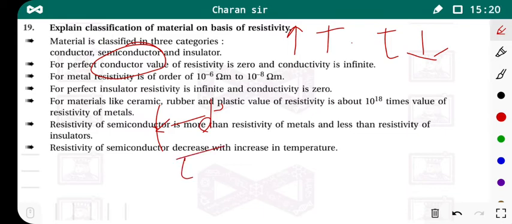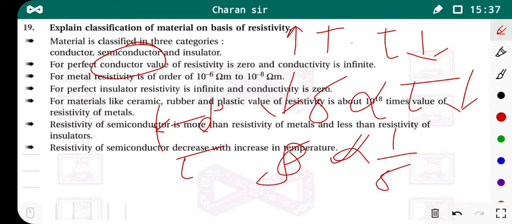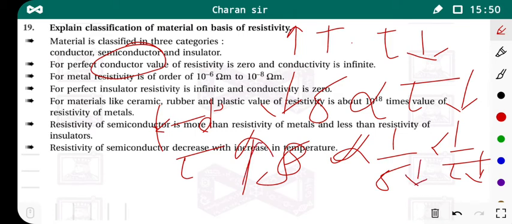If the relaxation time is decreasing, then conductivity, being directly proportional to relaxation time, is also decreasing, and resistivity, being inversely proportional to conductivity and relaxation time, is increasing.